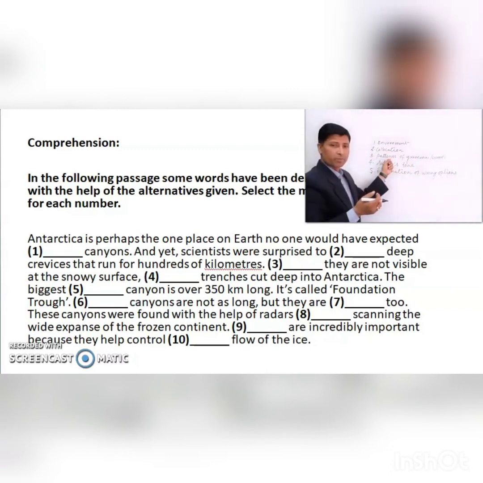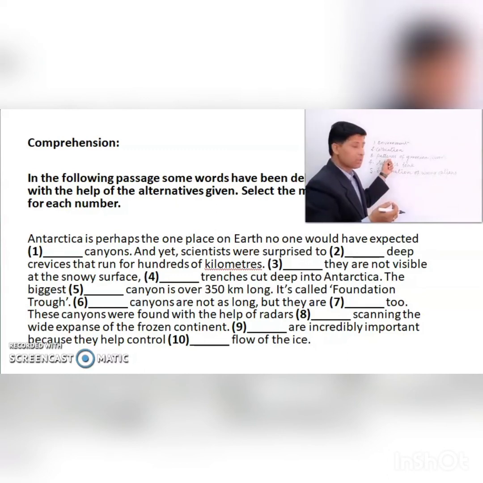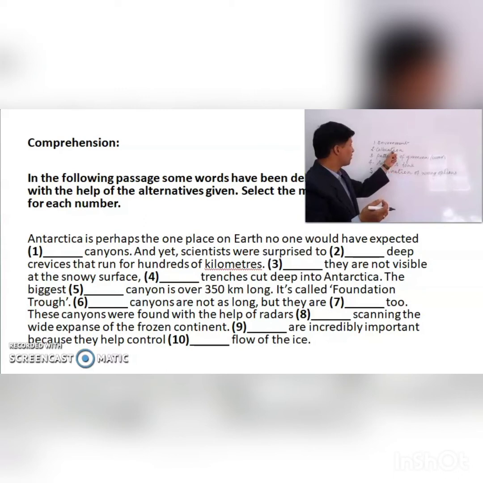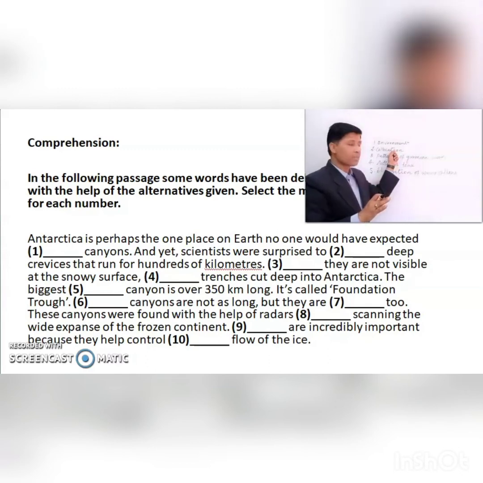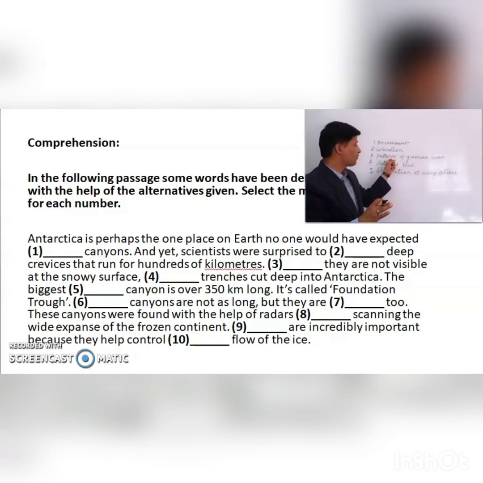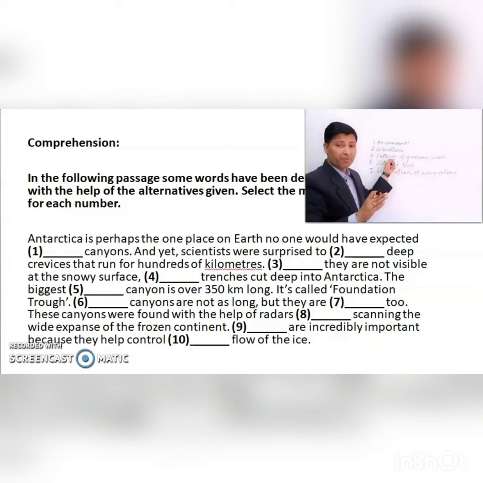The second question, surprised to discover, has been formed on collocation: discover a planet, discover deep crevices. The third question has again been formed on the patterns of grammar: if they are, though or although they are not visible.